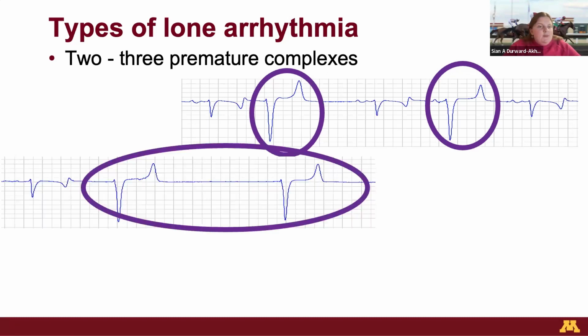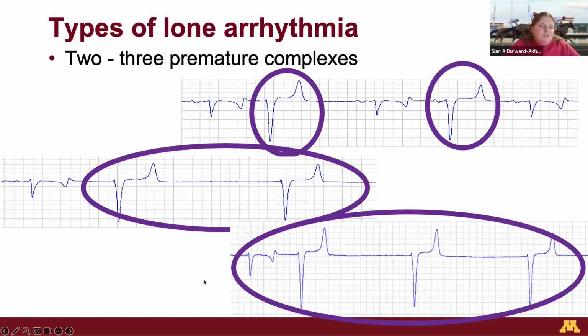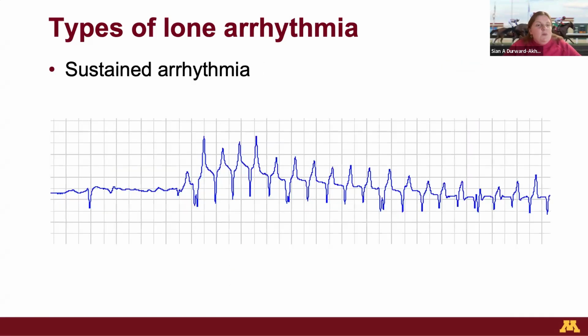And then couplets is where we have two premature complexes in a row, and triplets is where we have three premature complexes in a row. And then finally, as we move towards a more prolonged arrhythmia, we see these sustained arrhythmias, which are multiple abnormal complexes in a row.